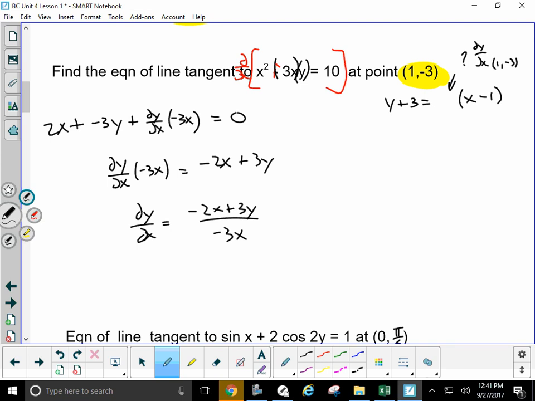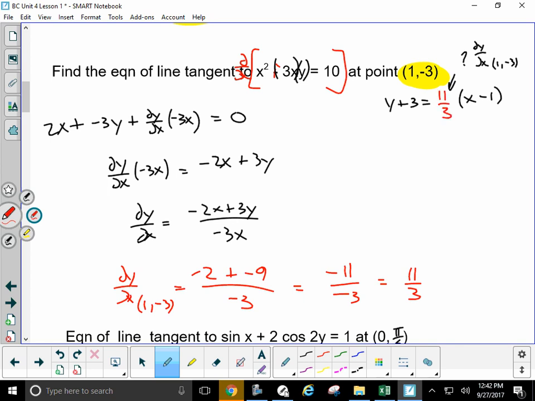Simple. Now all we have to do is find this at 1, -3. Okay?